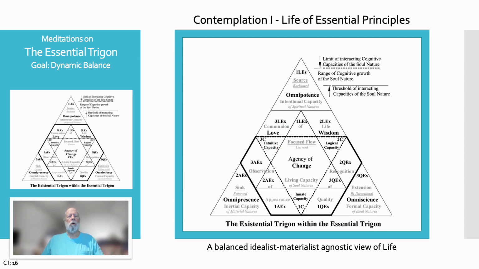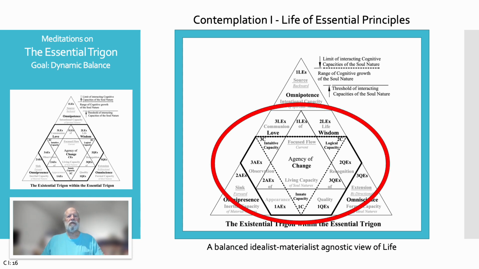This area in bold represents the dualistic perspective with respect to materialism and idealism, that is agnostic or atheistic with respect to an intentional foundation of life. In the view of life indicated by the areas here, the intuitive and logical capacities of the soul nature are primarily focused in a dualist view on the appearance of material natures and a recognition of varying degree of the quality of ideal natures.